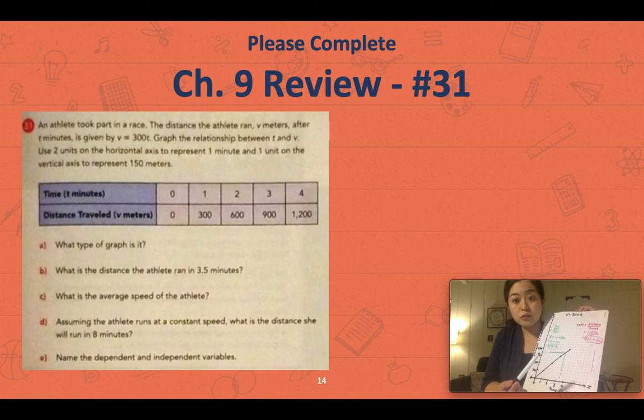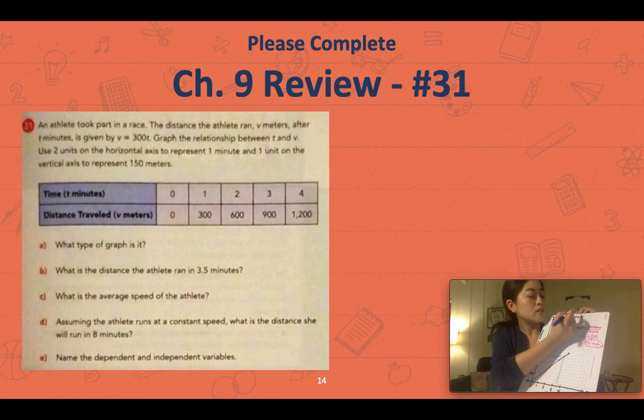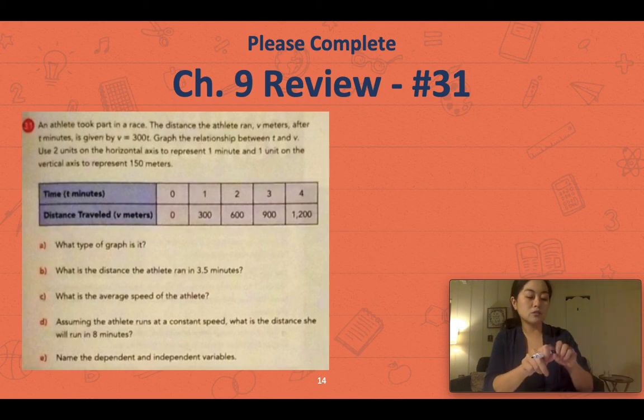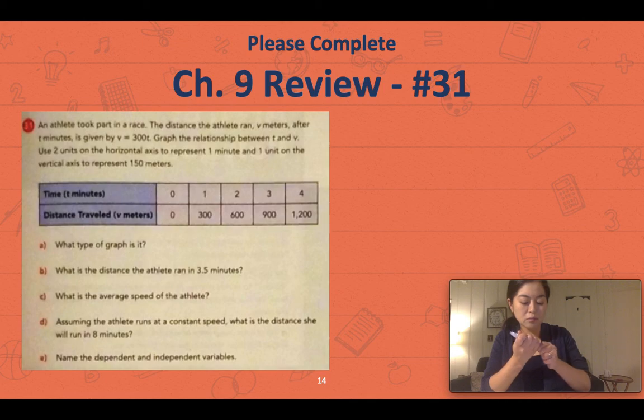Another way that you can do it is we can look back at this equation over here. V is equal to 300 times T. T is the time, right? That'll give us the distance the athlete travels, okay? So I'm going to input, is this blue? Yeah, this one's blue. My colors got mixed up.